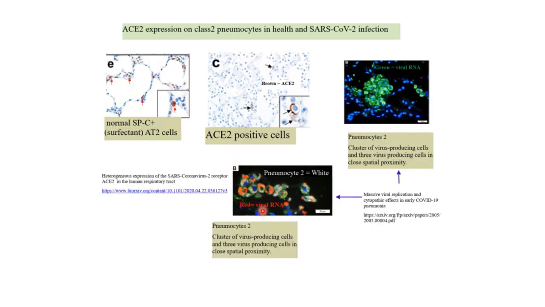We saw this cluster of cells in the previous slide, and here is another cluster of cells infected by the virus. In this situation, green equals viral RNA. So here it is, lots of cells being infected by the virus when under normal circumstances ACE2 expression is very low, and ACE2 and TMPRSS2 expression is even lower still.